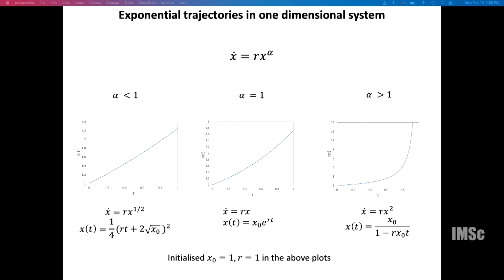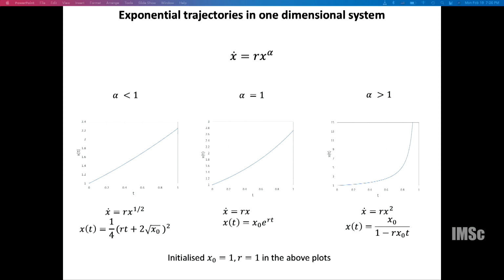Here I've written down the three solutions for alpha equal to half, for alpha equal to 1, and for alpha greater than 1. For alpha equal to 1, you have, of course, the well-known exponential solution: x naught is the value of x at time t equals 0, and then e to the rt, where r is this constant. That's the solution for a linear system.